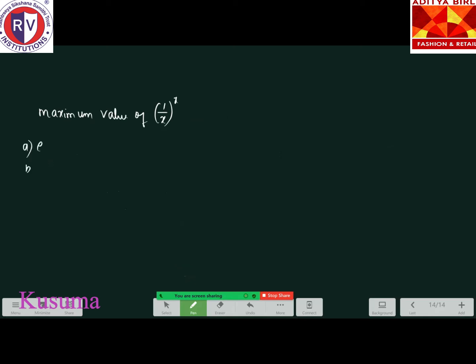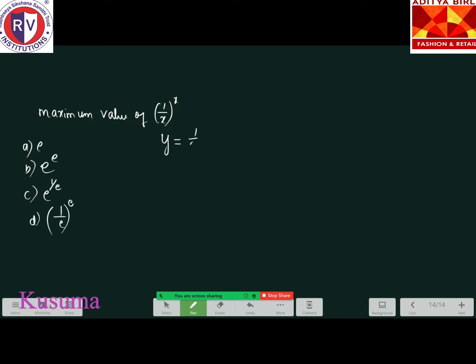Options are A is e, B is e to the power of e, C is e to the power of 1 by e, option D is 1 by e to the power of e. Okay, so this question was from both your 2016 paper and 2018 paper. It was repeated in both the papers. Okay, so you have to find out the maximum value of this function.